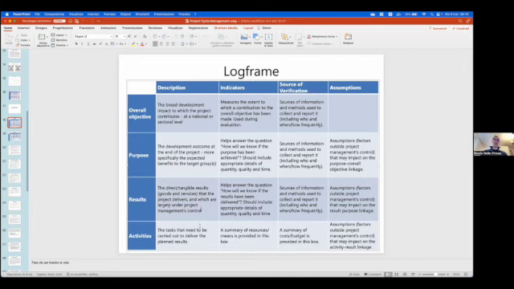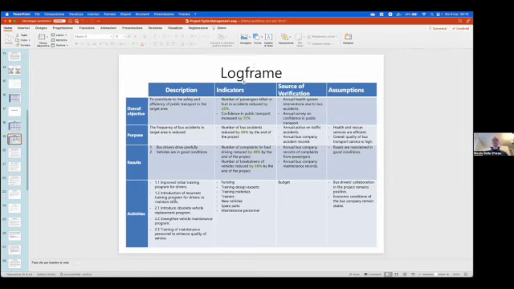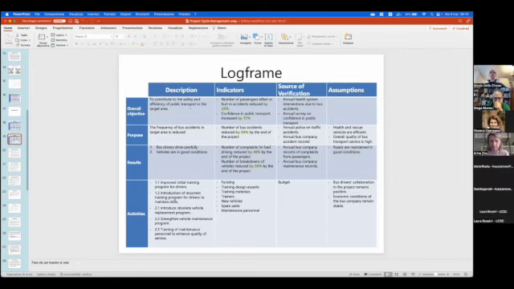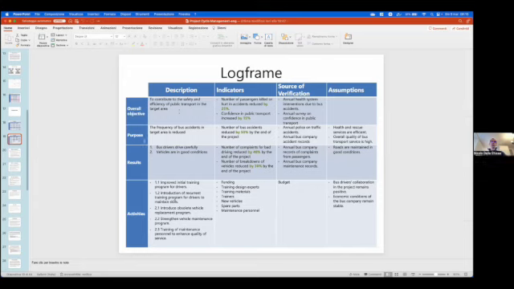So, for instance, let's say we work with the example we used in the second session, of a very simple project where, from our analysis, we identified as the project purpose that the frequency of bus accidents in the target area is reduced.